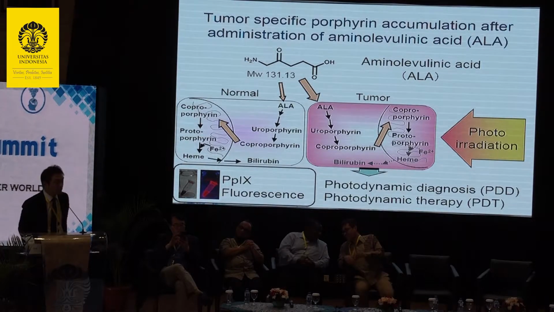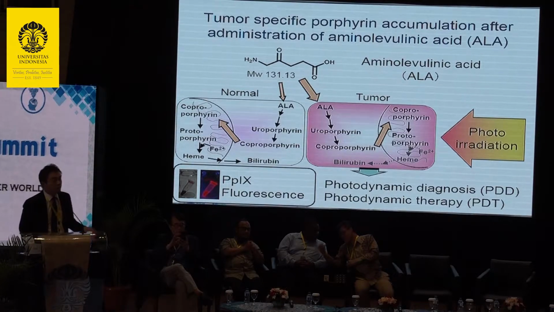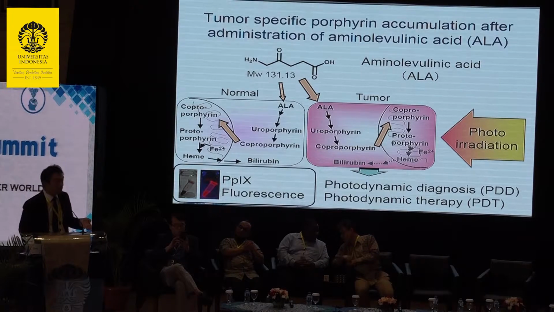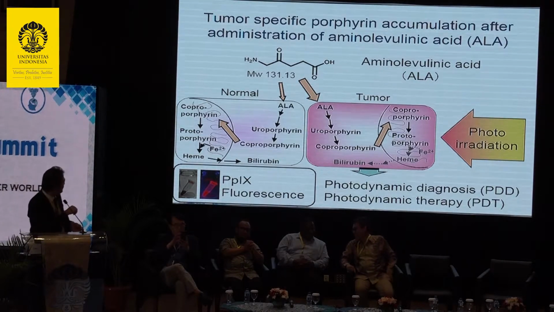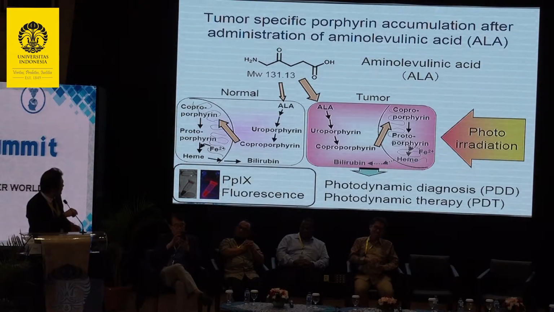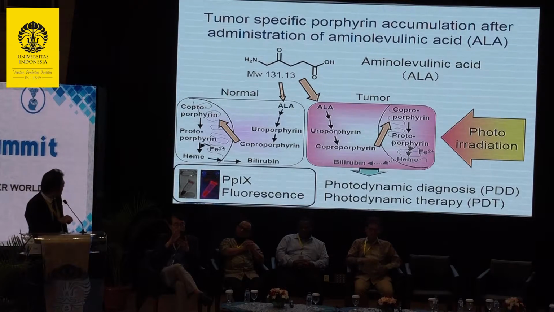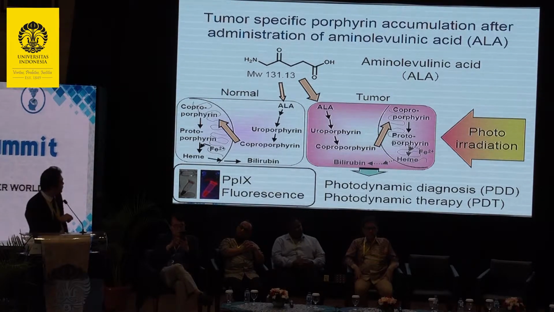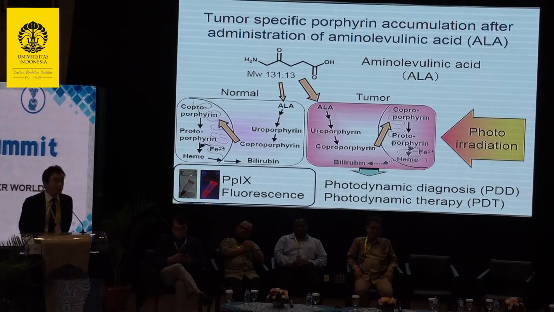In the case of normal cells, this compound can accumulate in normal cells and also tumor cells, and is metabolized into porphyrin. Porphyrin is accumulated, and in the case of normal cells it is converted into heme. However, in the case of tumor cells, porphyrin itself is accumulated.